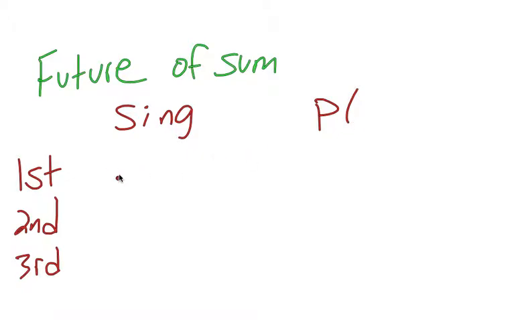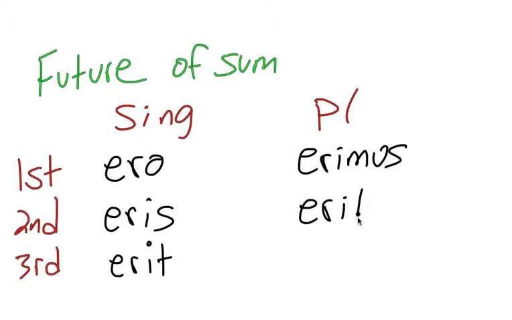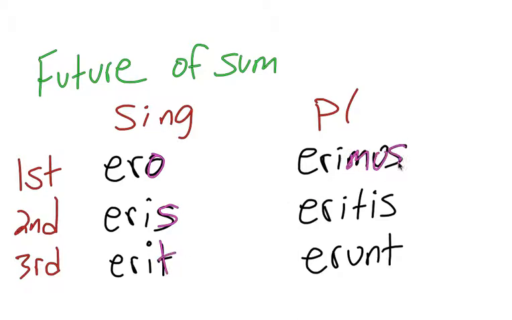And the future of esse goes like this: ero, eris, erit, erimus, eritis, erunt.